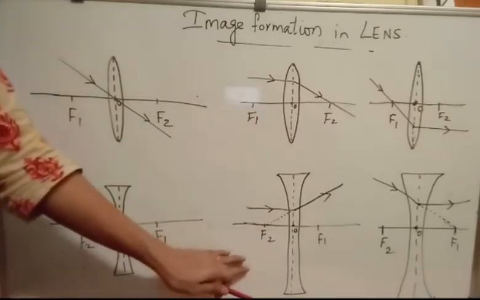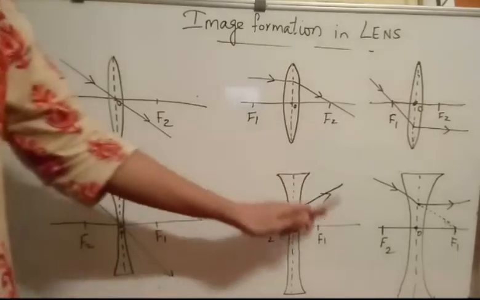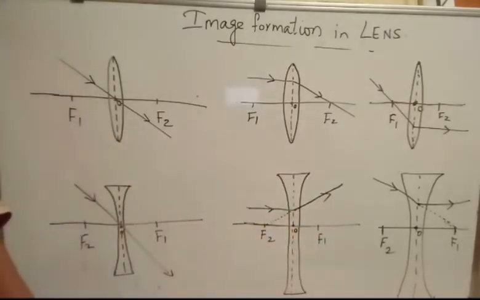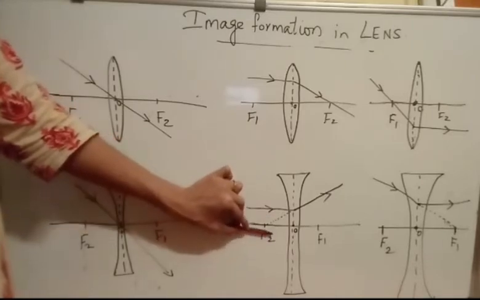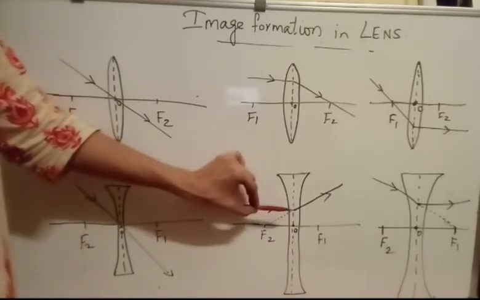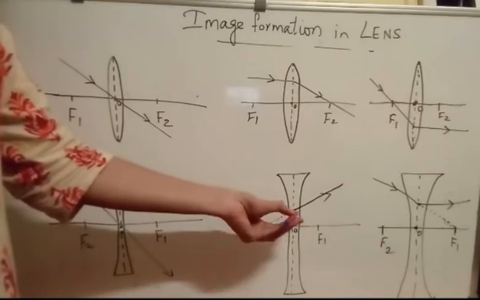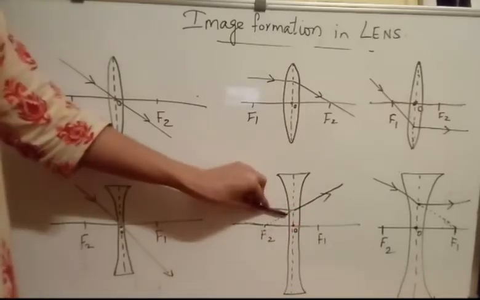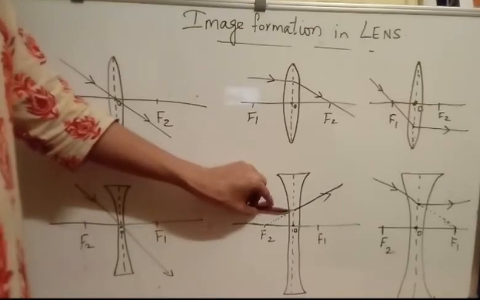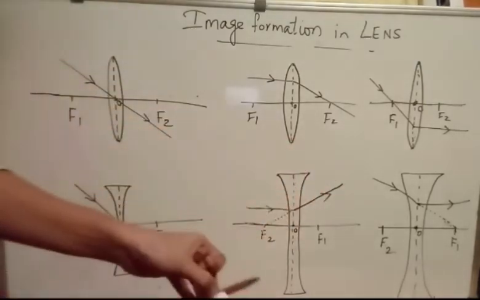Same in the case of concave lens. After drawing the lens setup, you can consider a ray parallel to the principal axis, and it should strike the reference line here. So the refraction happens. How will the refraction be? It will be diverging.